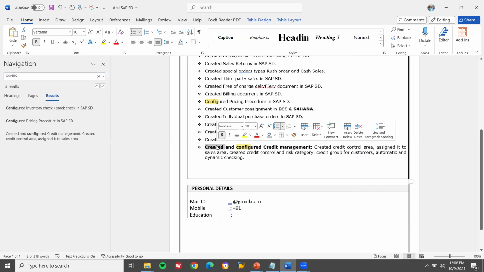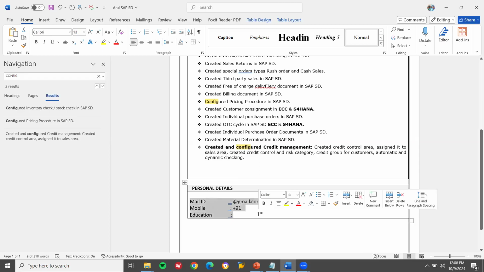So what about the enterprise structure? What about the tax configuration? If he is saying FICO, he should have mentioned tax configuration, but he didn't specify anything related to it. IGST, CGST or SGST, he didn't specify. So what is the point in selecting this person? I have removed all his details and deleted the projects also.